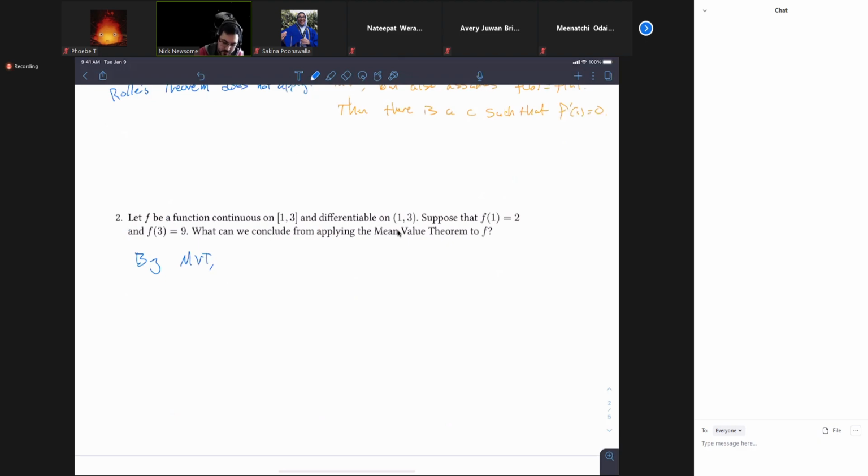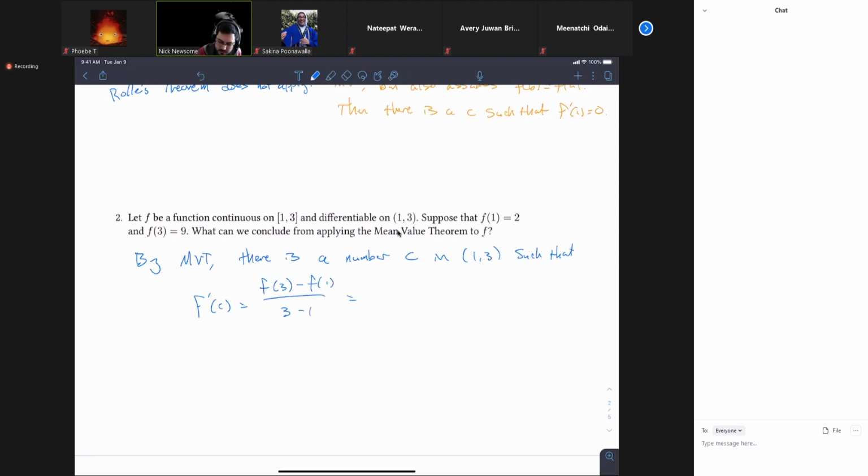Okay, so by the mean value theorem, there is a number c in the interval 1 to 3 such that f prime of c is equal to f of 3 minus f of 1 all over 3 minus 1.